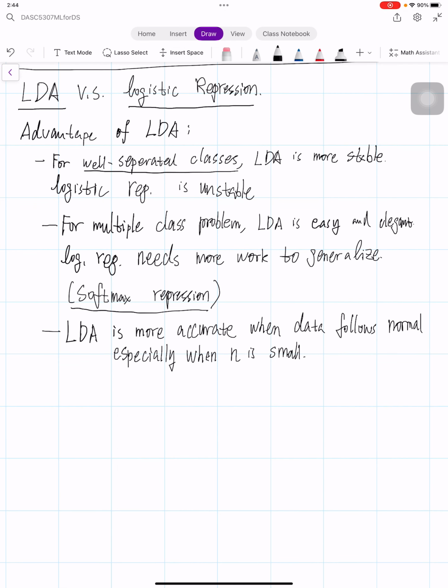Okay. And also about logistic regression. Logistic regression puts more emphasis on the decision boundary.